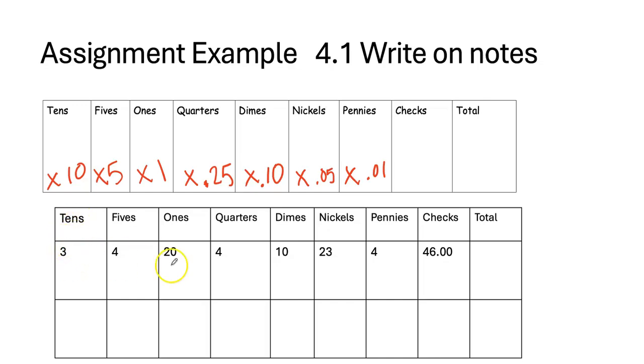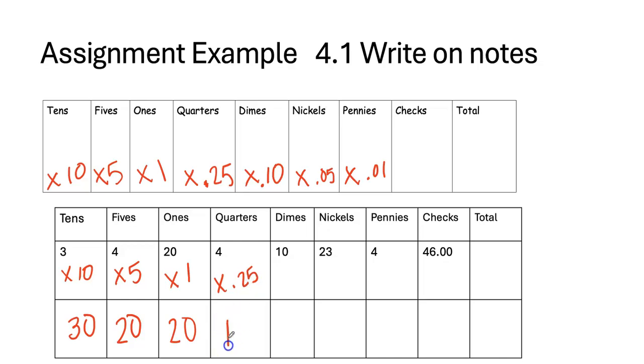So say this is your whole deposit. So you have 3 tens. So you take 3 times 10, and then you're going to write the amount down here. 4 times 5. 4 times 5 is 20. I have 21, so that's $20. I have 4 quarters, so I multiply by 0.25, and I'd have $1. I have 10 dimes, okay?